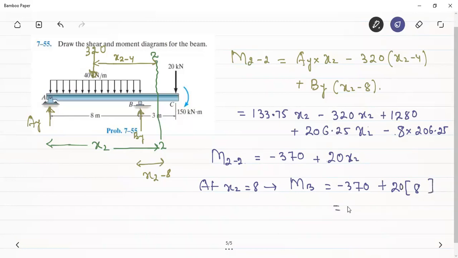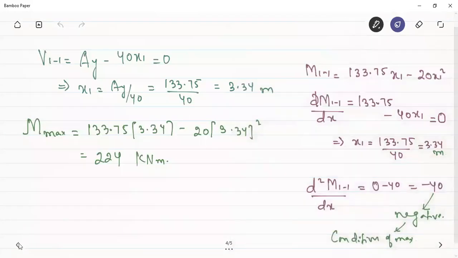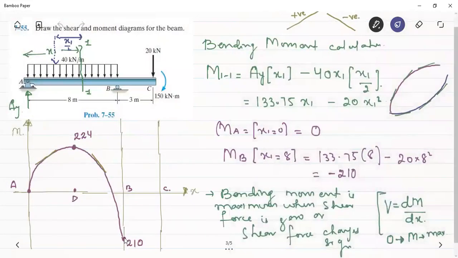So this will be equal to minus 370 plus 160. So this will be equal to minus 210. It is the same bending moment which we had seen in the previous case as well. The bending moment at B is equal to minus 210.